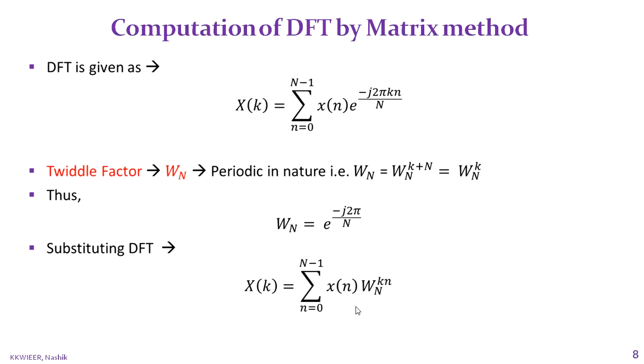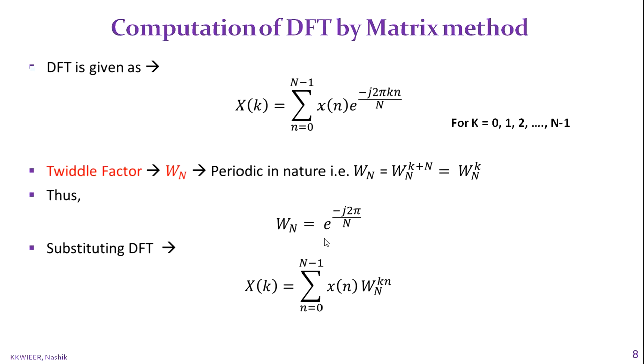Now, what is the twiddle factor? The concept of twiddle factor, which can be denoted as WN, is periodic in nature. By using this twiddle factor, we can simplify the expression for DFT. Instead of writing e to the power minus j 2 pi by N, we substitute WN, which is nothing but your twiddle factor.